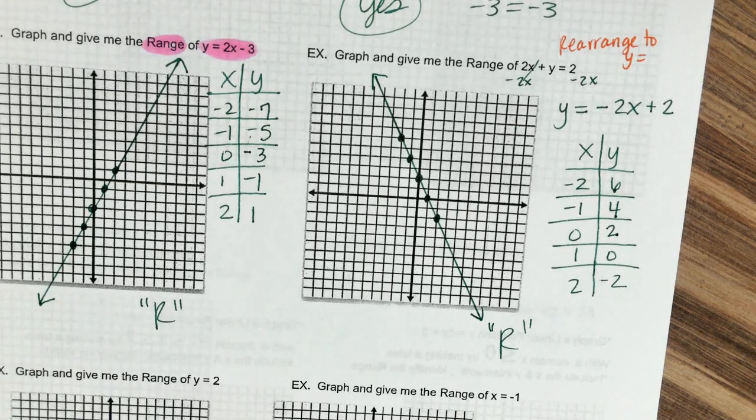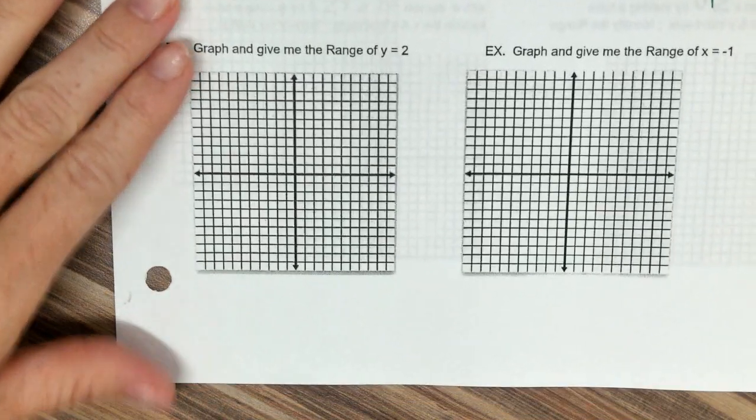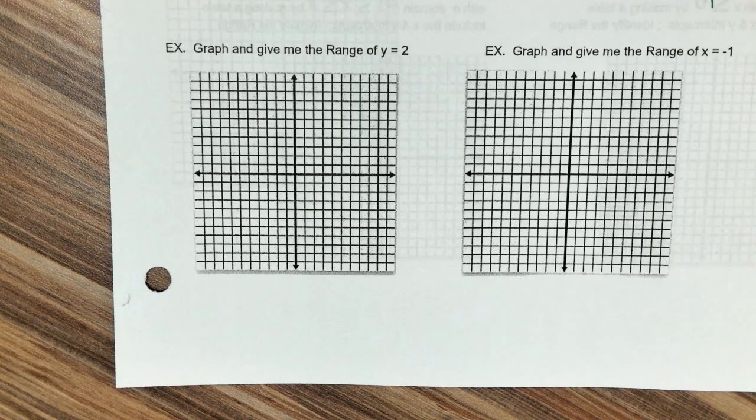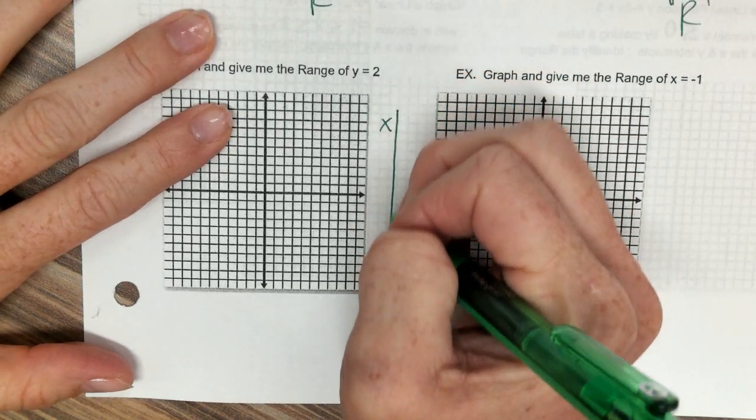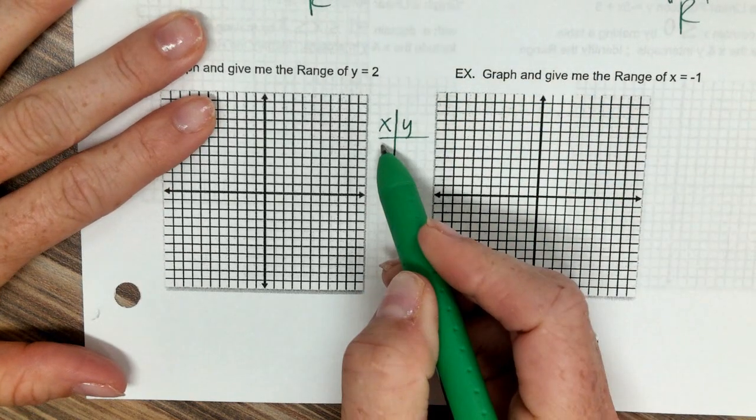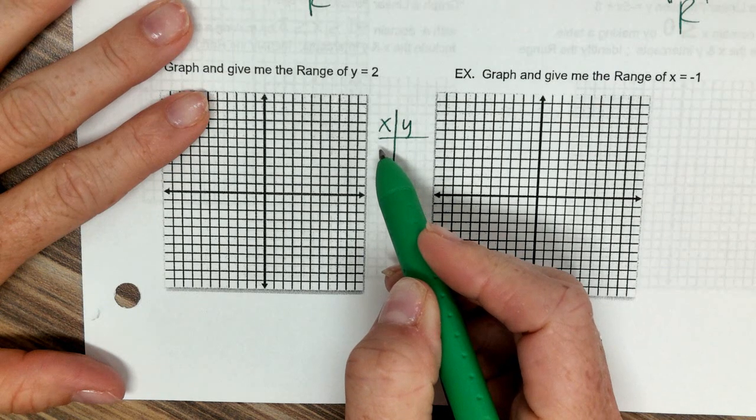All right, look at this next equation. This one's interesting. Y equals 2. Is that an equation? Yes. Why is it an equation? Because it has an equal sign. What does that mean? That means it does not matter what x is, y will always be 2. So I can make a table. It does not matter what x is, y will always be 2.